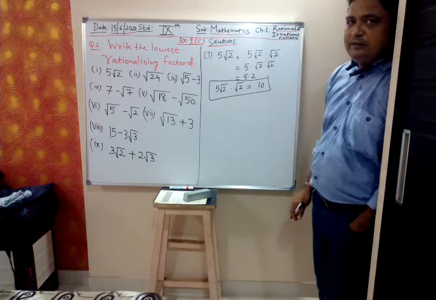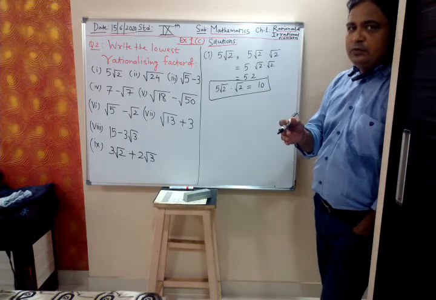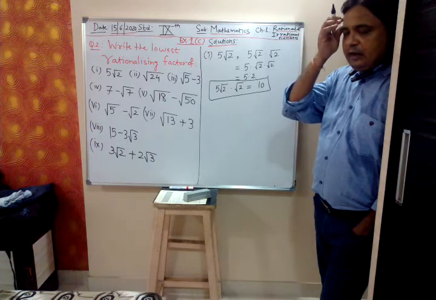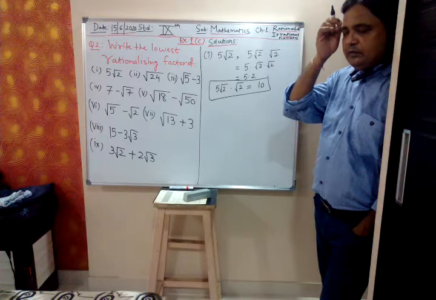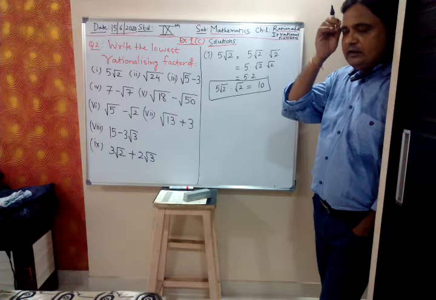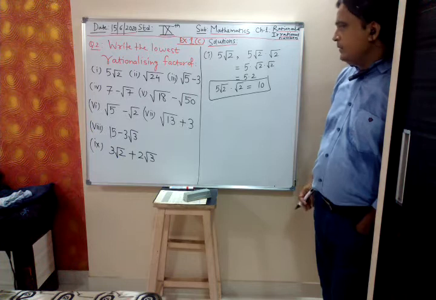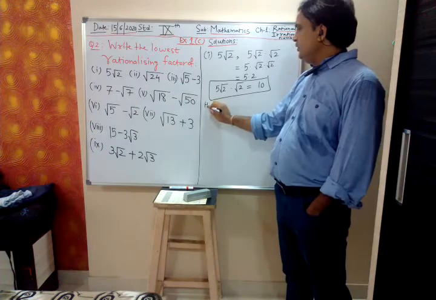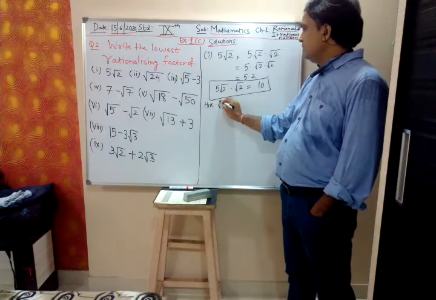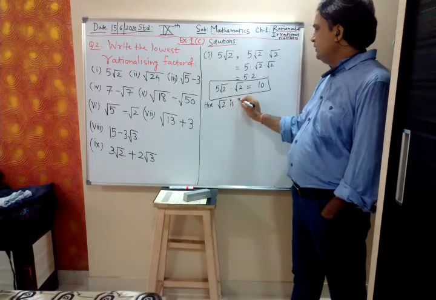So when we multiply 5 root 2 by root 2, in 5 root 2 the irrational part is root 2. That we have to remove. To remove that, I will multiply by root 2. So here, root 2 is the lowest rationalizing factor.